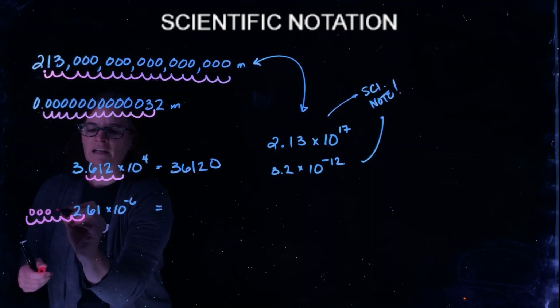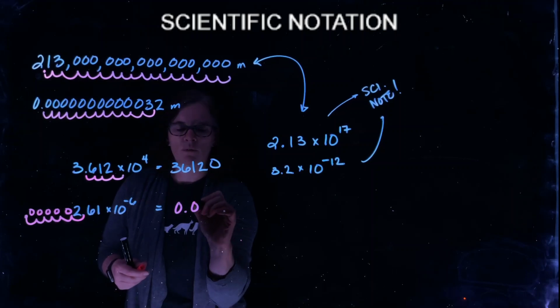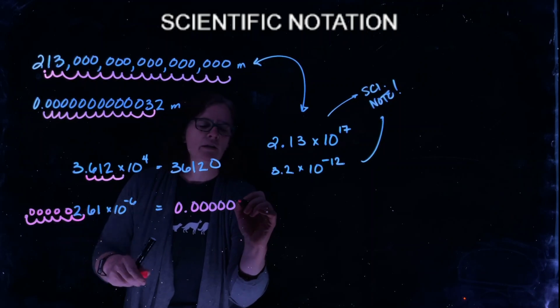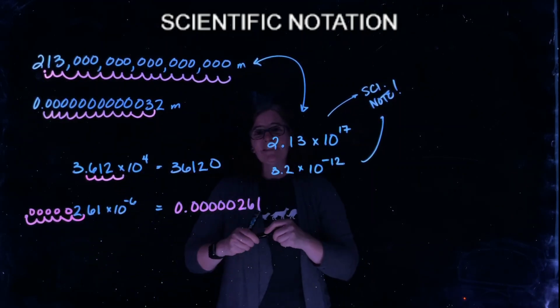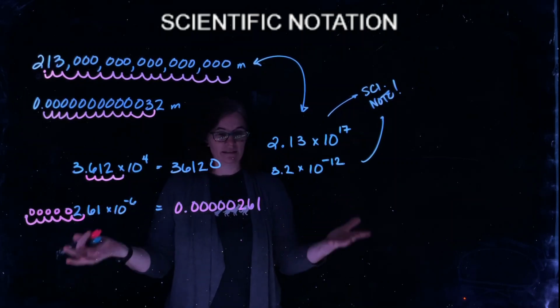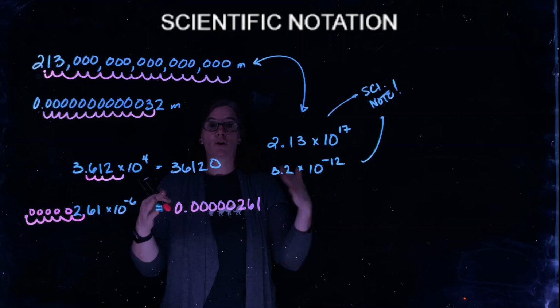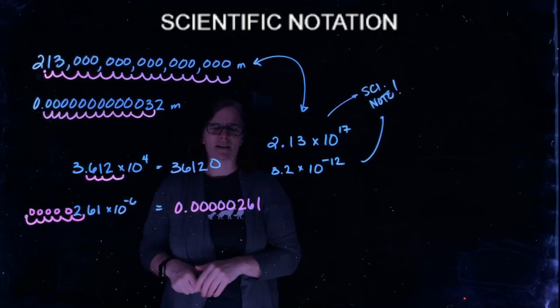And I would fill those in with zeros, and my number would be 0.000002 61, with 5 zeros. So scientific notation is just a different way to represent numbers that we then multiply by powers of 10 to go from really, really big to something that's manageable, or really, really small to something that's manageable.